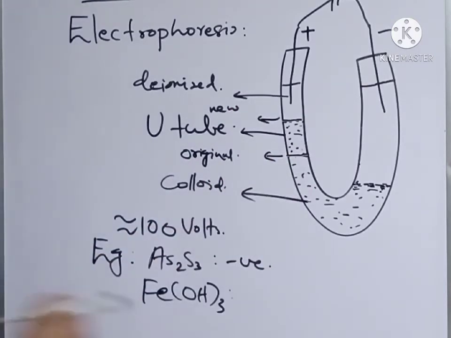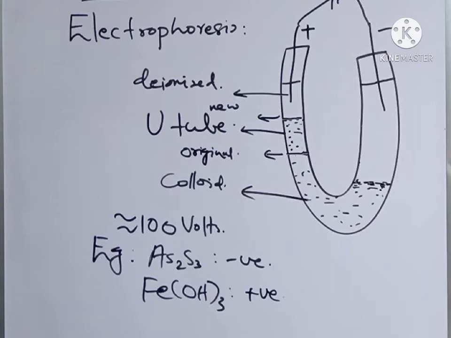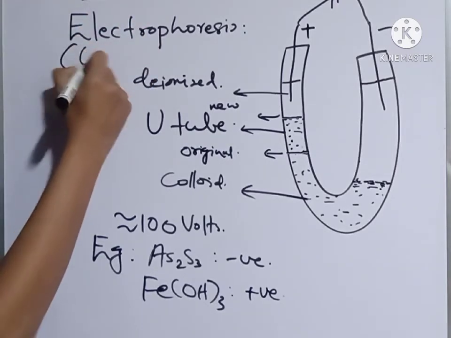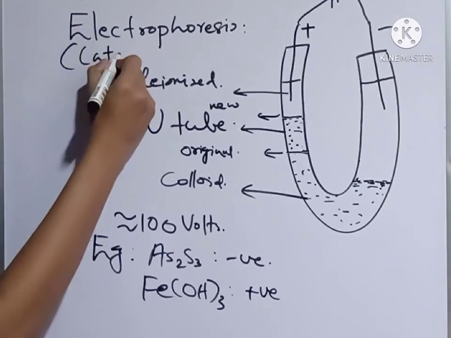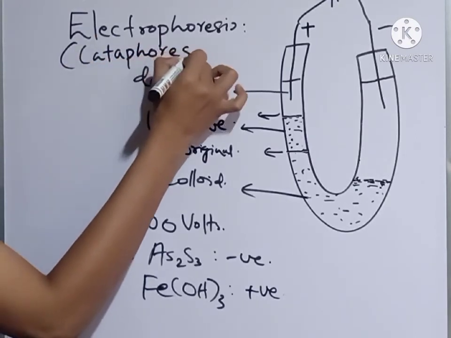So that means ferric hydroxide is a positive colloid. Electrophoresis is also known as cataphoresis.